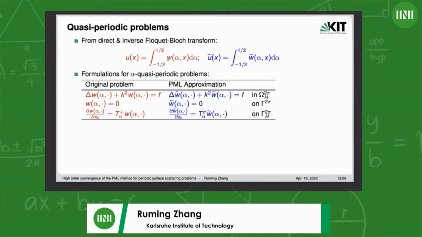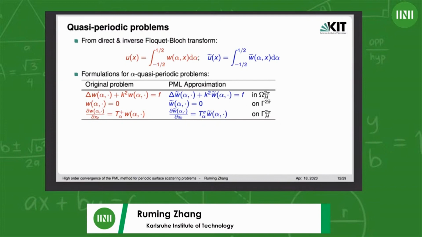So what are the equations for W and W tilde? We consider the case when alpha is fixed. So when alpha is fixed, the problem is alpha quasi-periodic, and they satisfy the following equations in one periodic cell. First, they satisfy the same equations in omega h 2 pi.